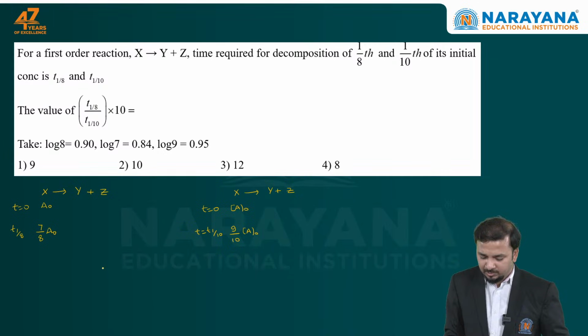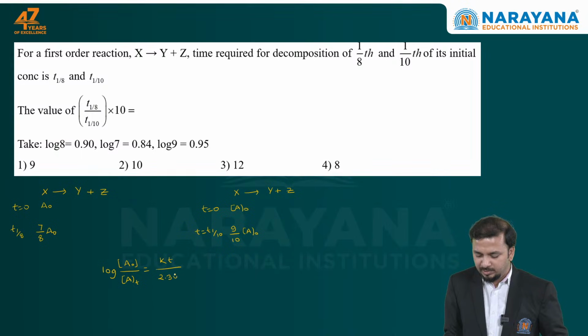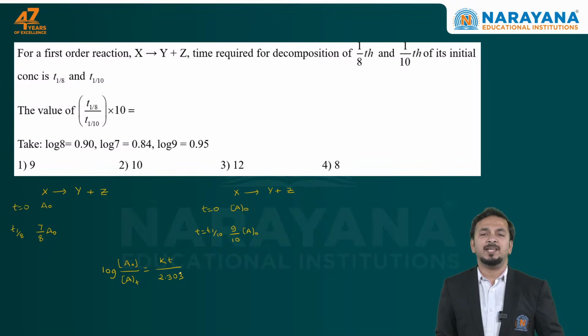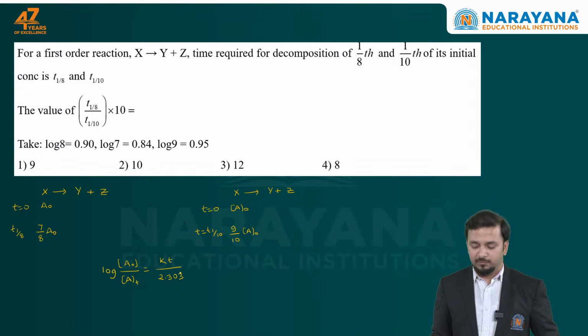Now we know for first order reaction, the formula is log of A naught upon At is equal to Kt upon 2.303, where A naught is initial concentration and At is the concentration which is left after time t.